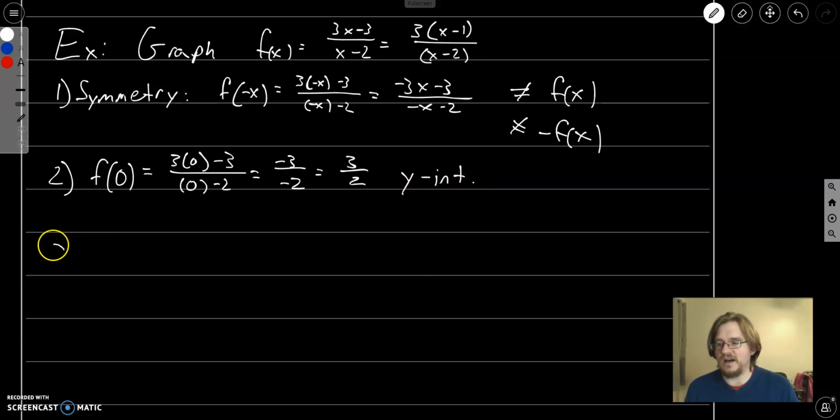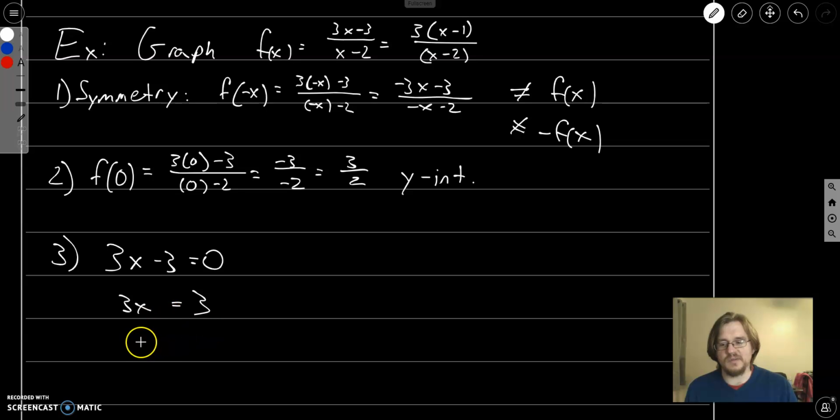Cool. The x-intercepts, again, I want to solve for when this fraction is equal to 0, but a fraction is equal to 0 only when the top of the fraction is equal to 0. So I just want to set this equal to 0, and if I add 3 to both sides, I get 3x is equal to 3.